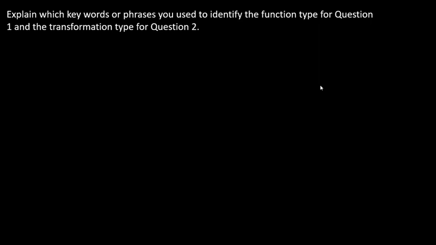Finally, explain which keywords or phrases you used to identify the function type for question 1 and the transformation for question 2. All right, so this is going to be two separate answers. First, you're going to go back and review question 1. That's when we did all that work to draw that parabola shape with all of the features in it, right?